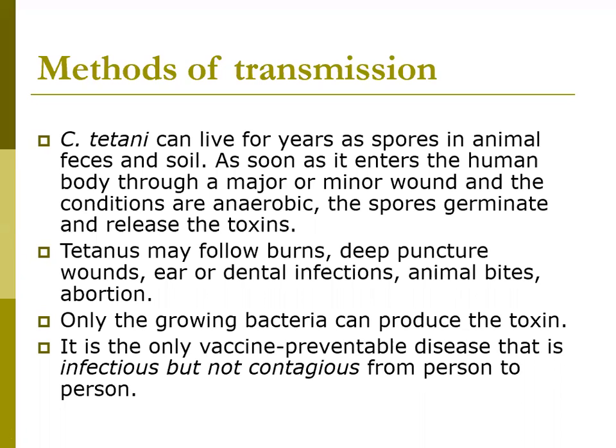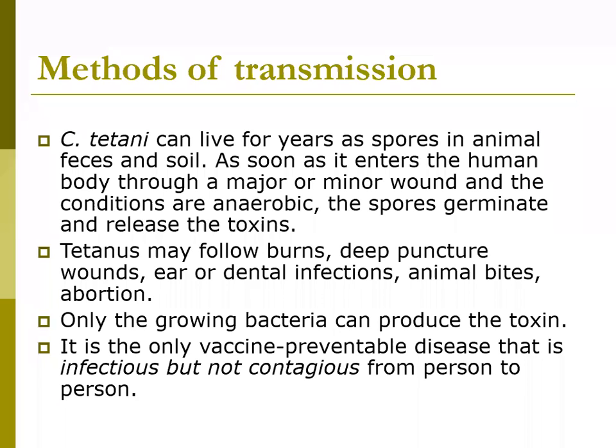Tetanus may follow burns, deep puncture wounds, ear or dental infections, animal bites, or abortion. All these can be sources of entry for Clostridium tetani. Another important aspect is that it can produce toxin only when it is growing.